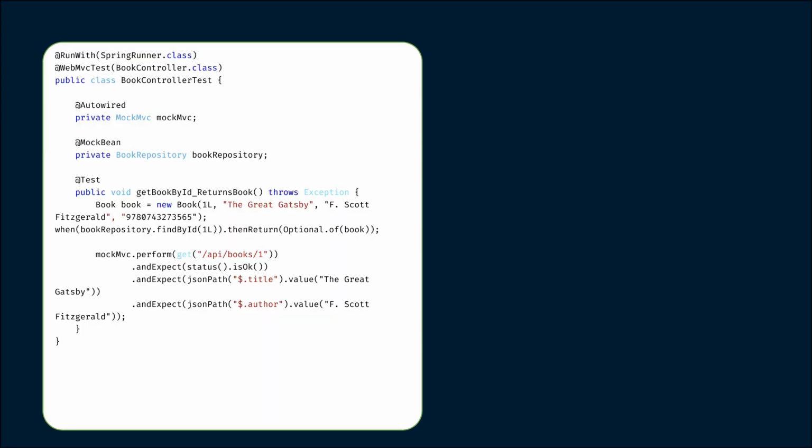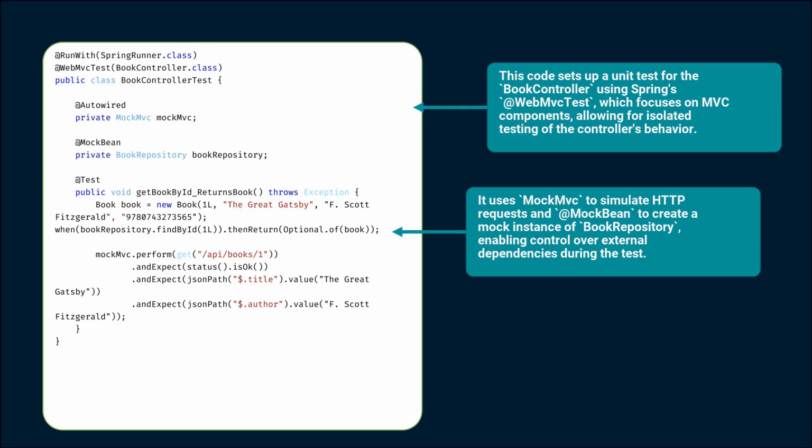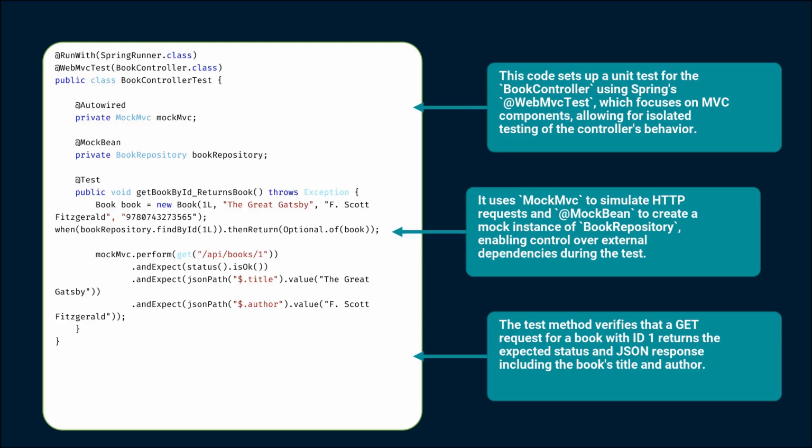Now, let's take a look at how we can test our getBookById method to ensure its functionality. We start by setting up a test class that's annotated with @RunWith(SpringRunner.class) and @WebMvcTest(BookController.class), which specifically loads the components we need to test the book controller.